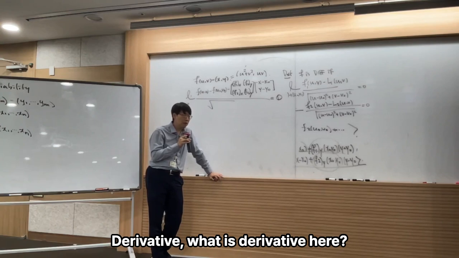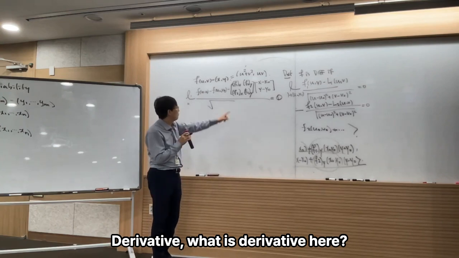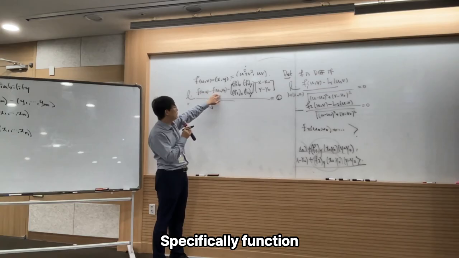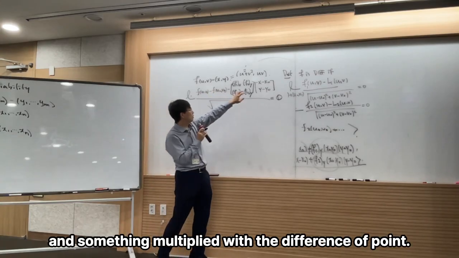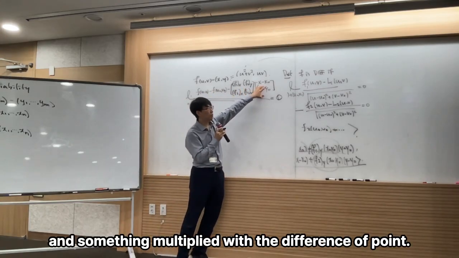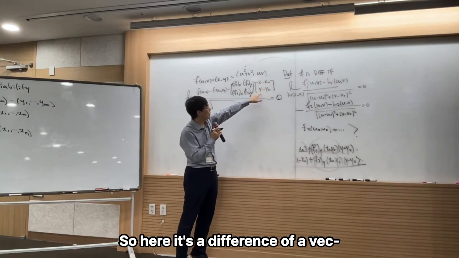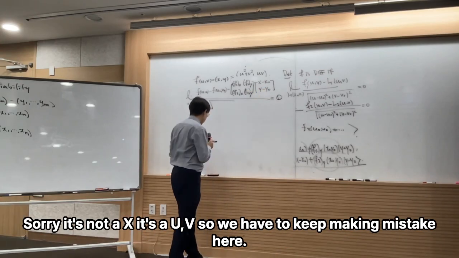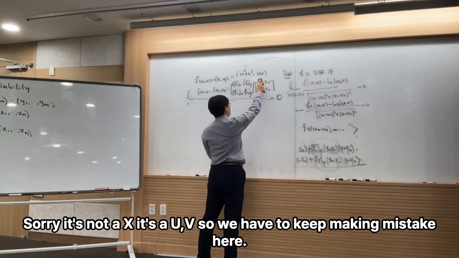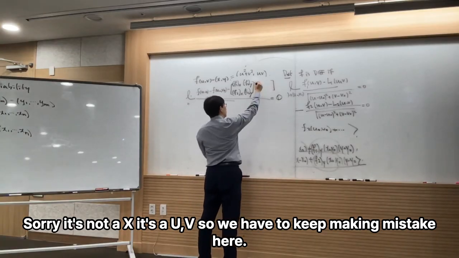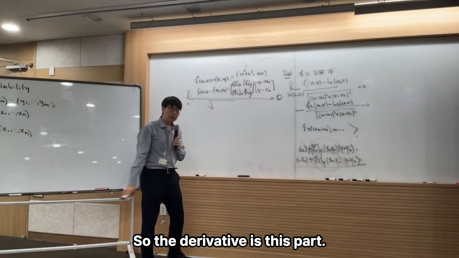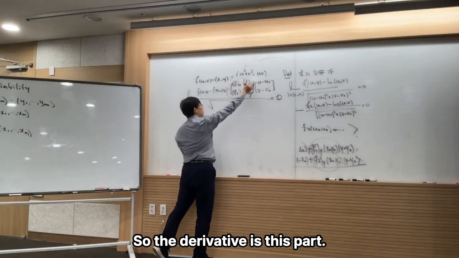What is the derivative here? We have a specific value of the function, and something multiplied with the difference of the points. Here it's a difference as a vector between the points (u, v) and (u0, v0). Sorry, it's not x, it's u, v, I keep making that mistake. So u minus u0, v minus v0. So the derivative is this part.